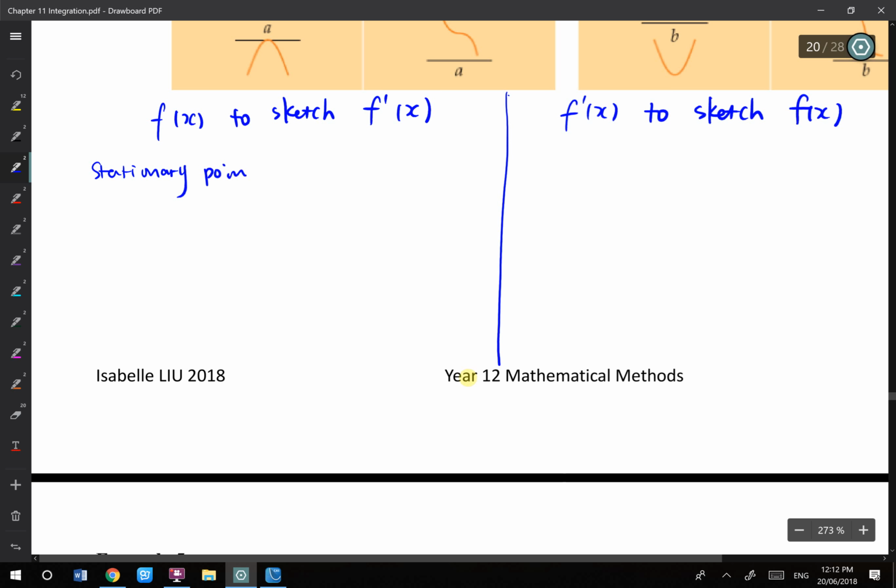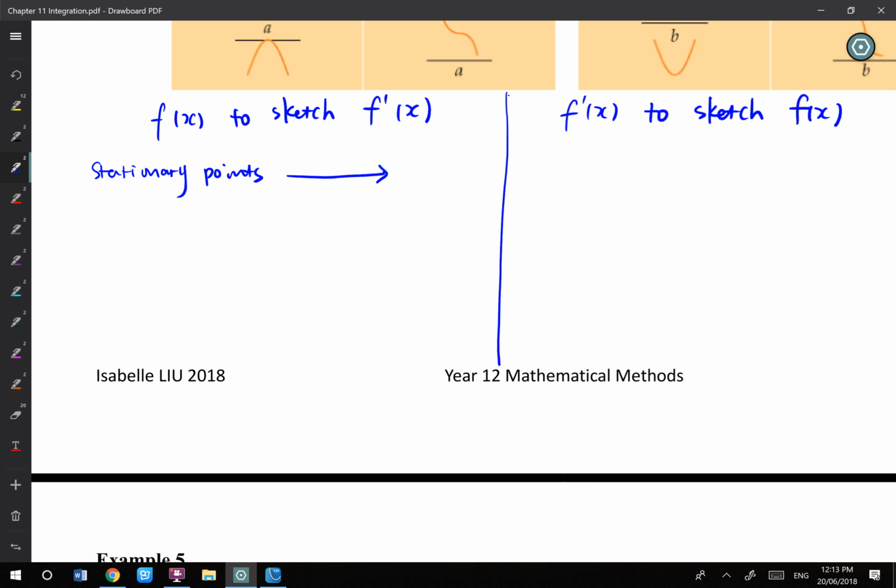What will stationary points become on the f'(x) graph? 0, so another name. 0, yeah, what equals 0? y equals 0.